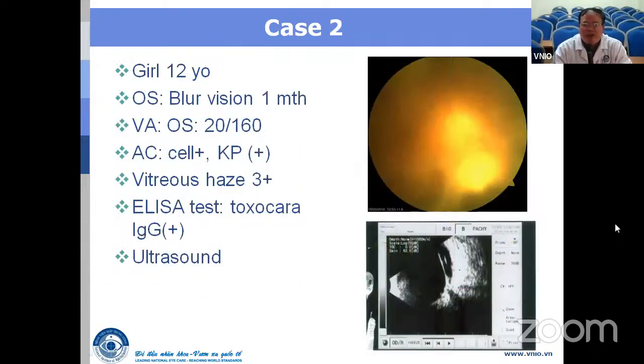Whereas the second case, again a 20-year-old, blurred vision 1 month, 20/160. He has anterior chamber inflammation cells, keratic precipitates, vitreous haze and cells, and ELISA test positive for Toxocara. The ultrasound, and we saw some retraction from the retinal vitreous.